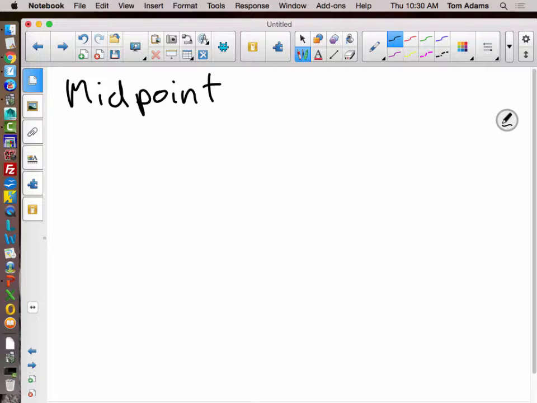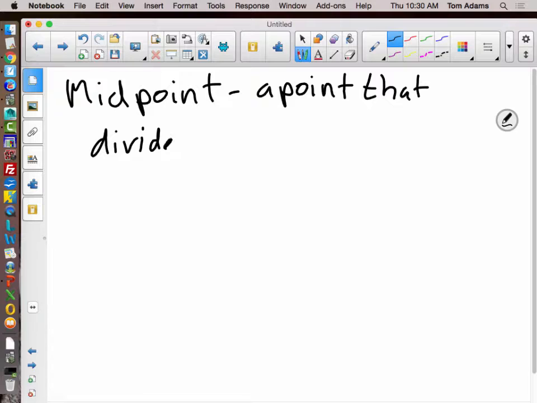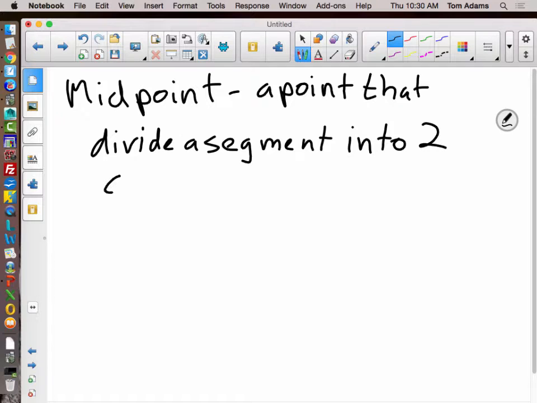Well, a little more formal definition: a midpoint is a point that divides a segment into two congruent segments.